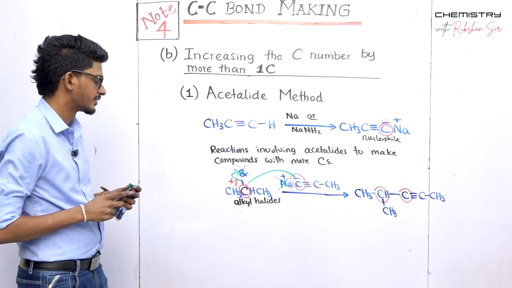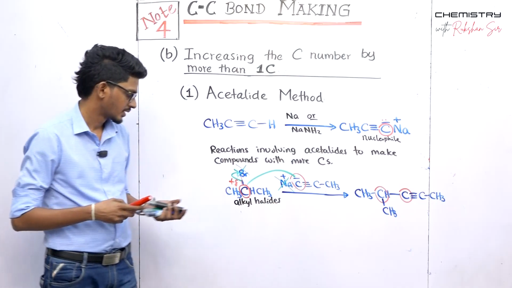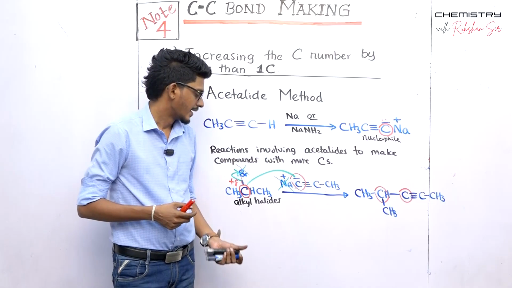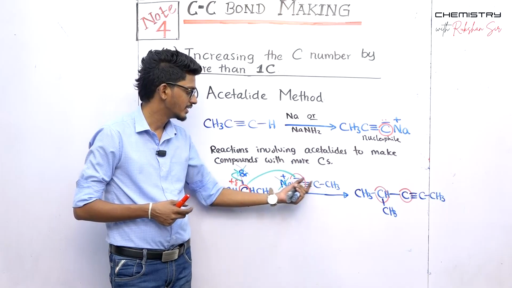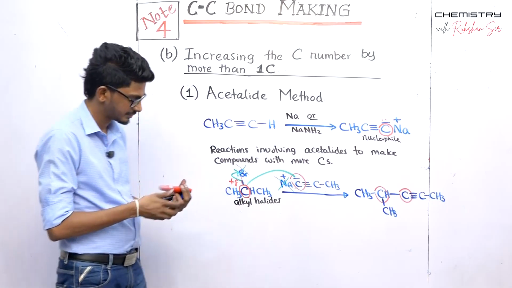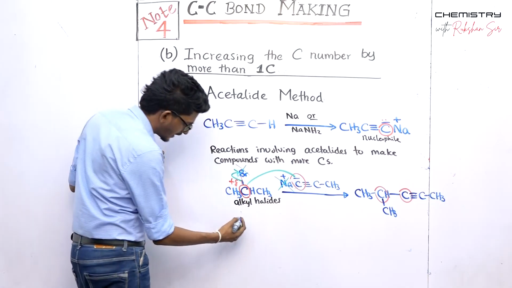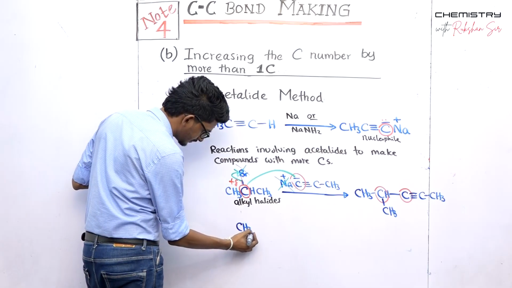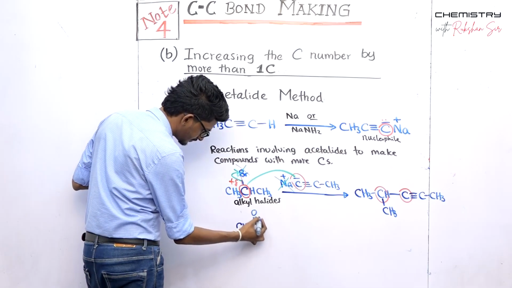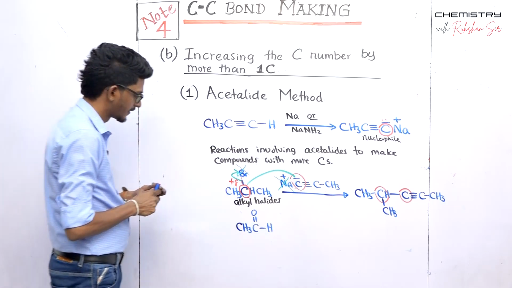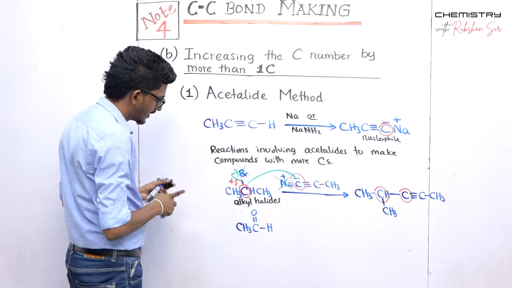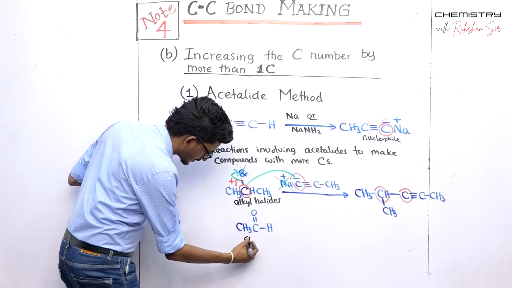Not only with alkyl halides, but we can use aldehydes and ketones as well to connect these acetylide groups. See, if you have the aldehyde like this, like in the Grignard case, with the aldehydes and ketones you can use the acetylides.